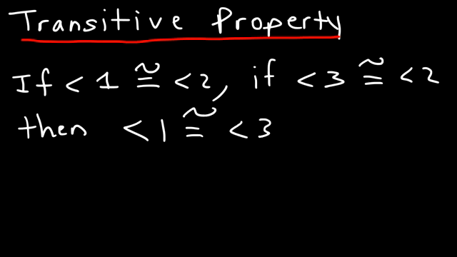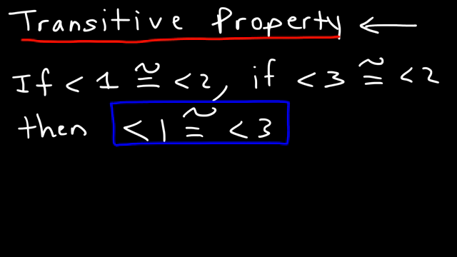Now it seems obvious, but you need to know that this property matches this situation. Because if you're doing, let's say, a problem with two-column proofs, you need to know that the transitive property corresponds to this particular situation. Now, another way in which you could describe the transitive property is using variables.